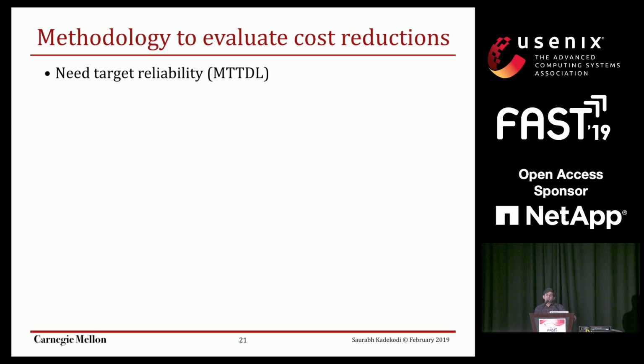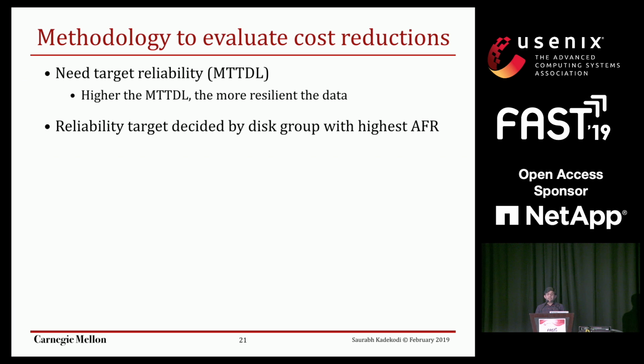Like I mentioned before, HeART requires a target reliability to be provided in terms of mean time to data loss. Now, mean time to data loss is a time measure. So the higher the MTTDL, the more resilient the data is. A reliability target can be provided by a storage administrator in an absolute sense, or in the absence of which, we take the highest failing disk group and our default fault tolerance scheme, the FT default that I mentioned before.